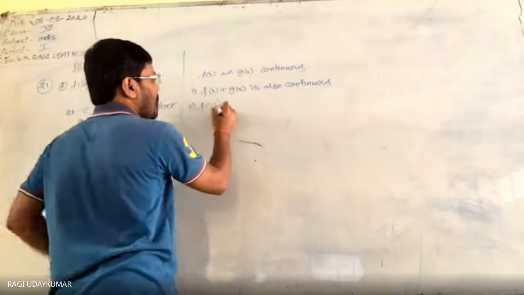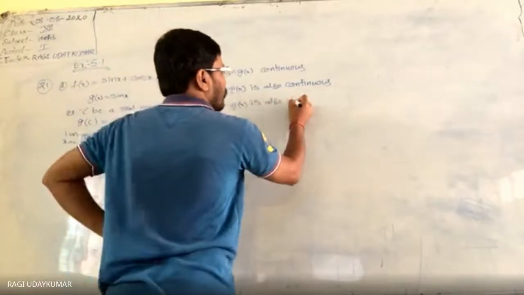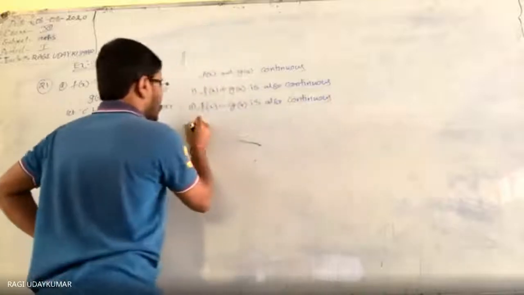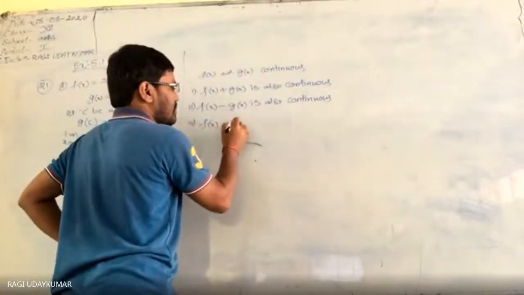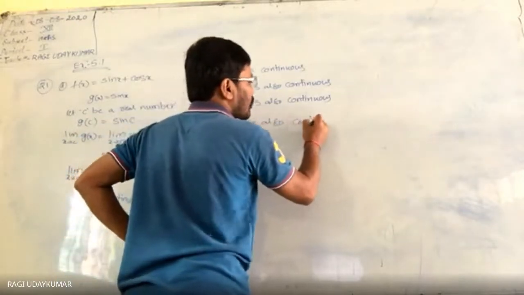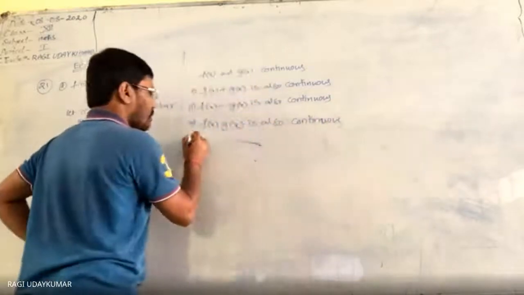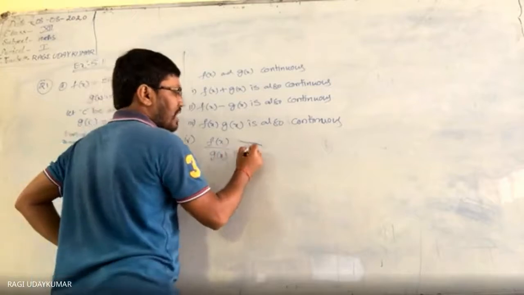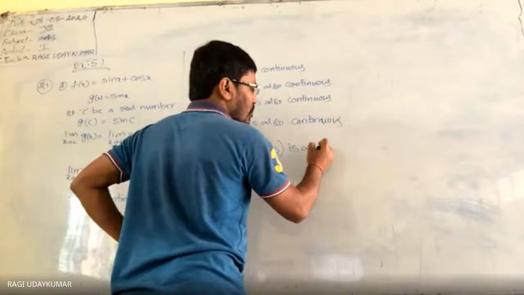Second, f of x minus g of x is also continuous. Third, f of x into g of x is also continuous. And fourth, f of x divided by g of x, where g of x is not equal to 0, is also continuous.